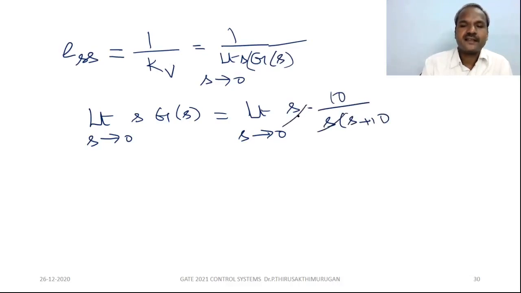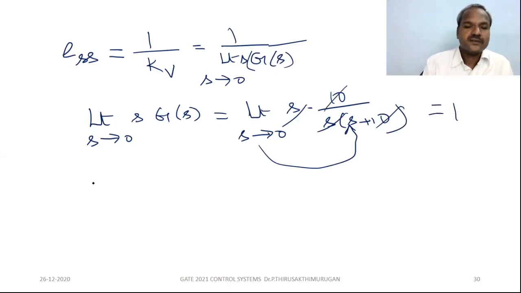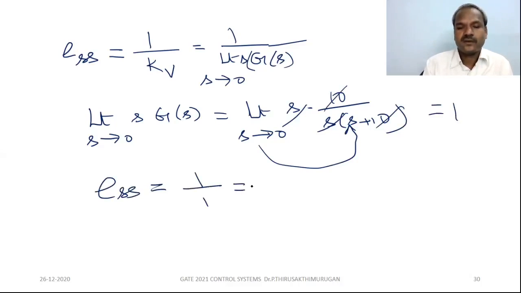So S and S cancel. If you apply S equals 0, it becomes 10 by 10 equals 1. So steady state error equals 1 by 1 equals 1.